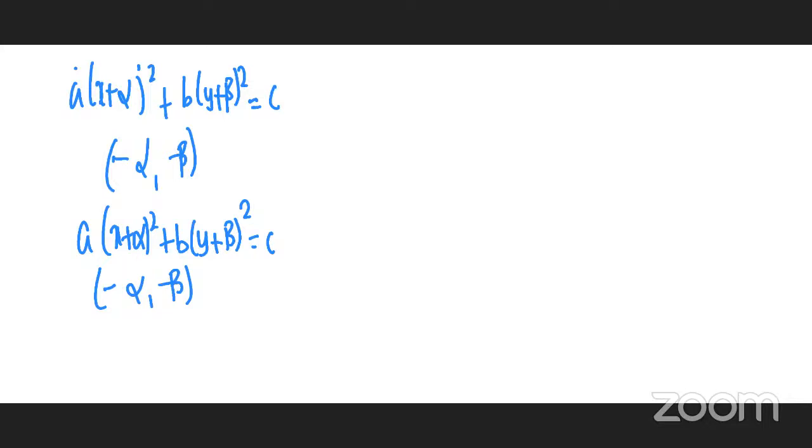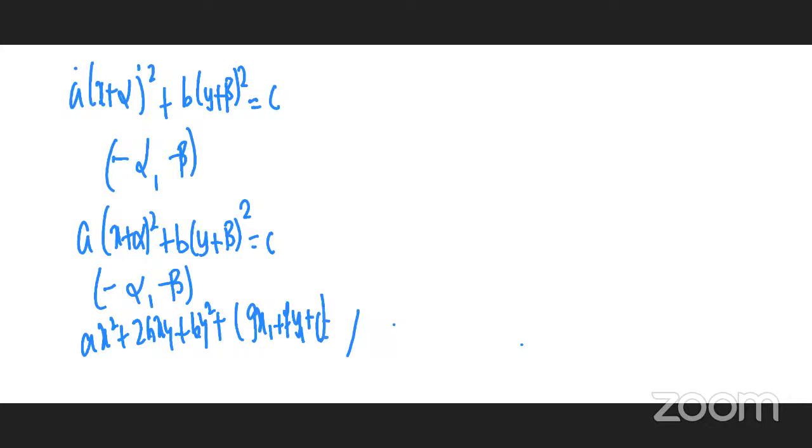At the same time, if we are shifting the entire equation, if we have a transformation of the entire equation, then the entire equation can be written in the form of ax square plus 2hxy plus by square plus g x1 plus f y1 plus c, which becomes a constant, where this term has to be eliminated.